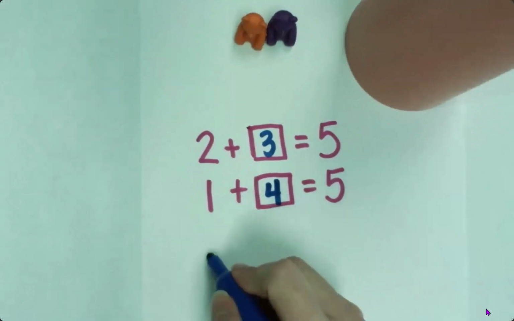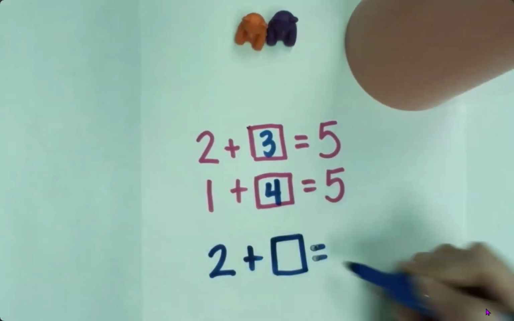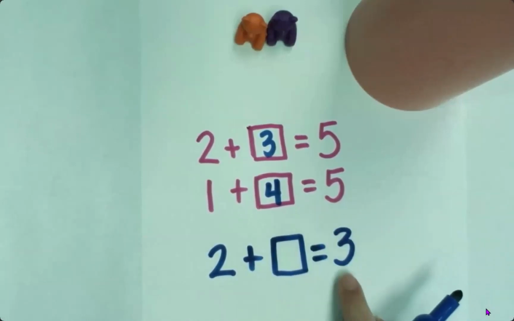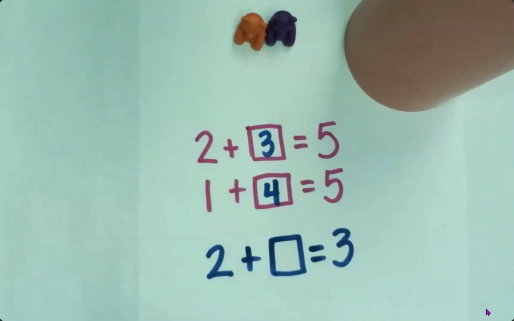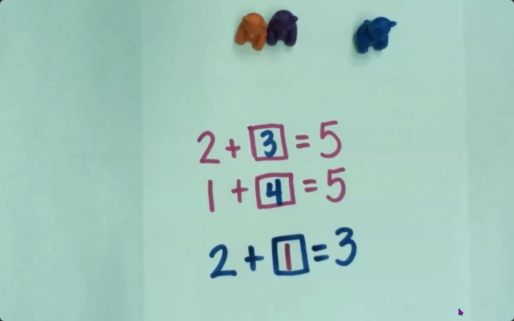How many bears are in the cave? That's my unknown. Now this time I know that I started with 3 bears. So my total is 3. That's how many bears I have altogether. And what is my missing part? So they may count on. I know I have 2 and 1 more is 3. So there's my 1, and then I can fill in my missing part.